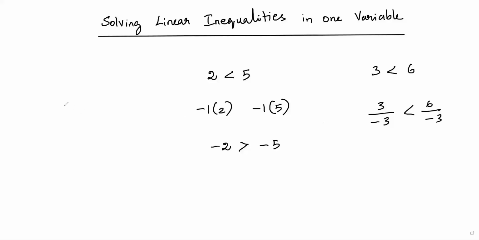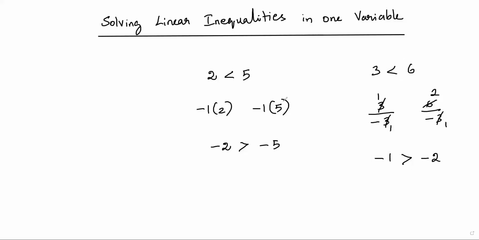Let's get the result first, and then we can decide the inequality sign. 3 over -3 becomes -1, and 6 over -3 becomes -2. Now, it's very clear, -1 is greater than -2, so we have to flip the inequality sign.